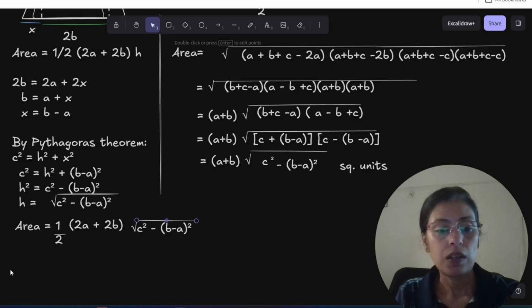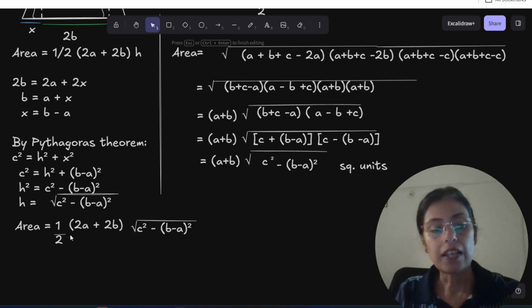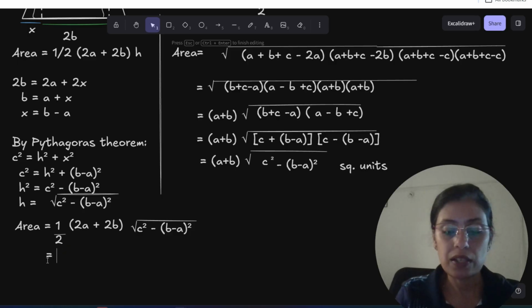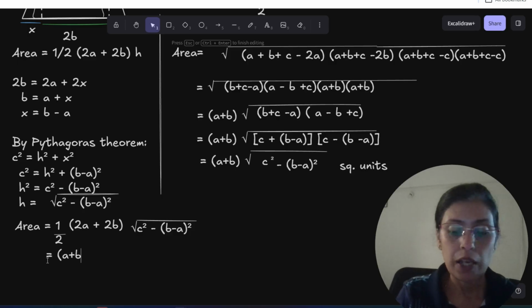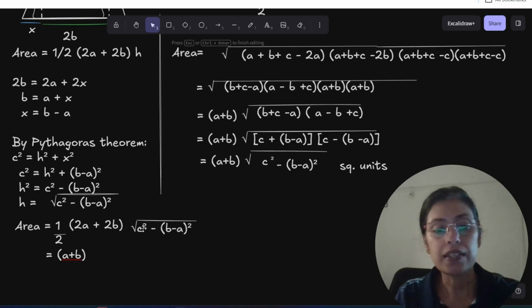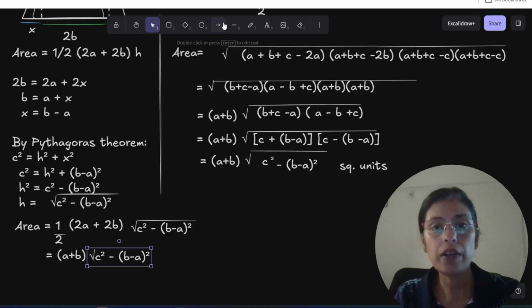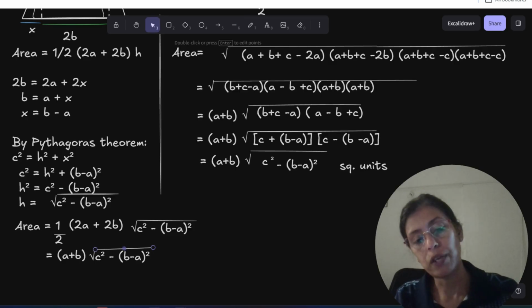So this is then half, and this 2 and these 2 cancel out, because this can be written as twice of a plus b. So 2 divided by 2 is equal to 1. So this leaves us with a plus b, and the second part, which is the square root of c square minus b minus a whole square.